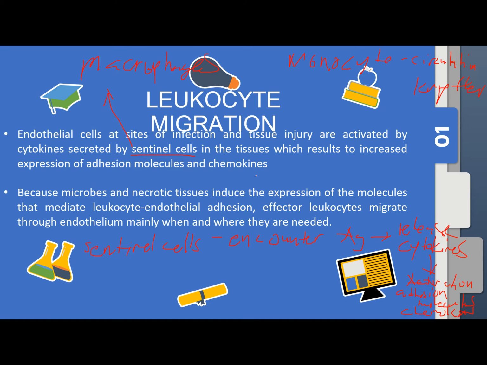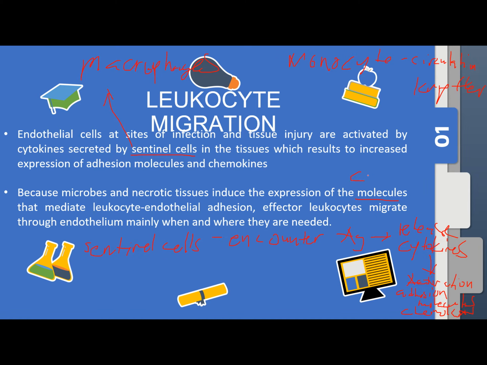Now, because microbes and necrotic tissue would induce the expression of the molecules that mediate the leukocyte endothelial adhesion, effector leukocytes would migrate to the endothelium mainly when and where they are needed. Now, the microbes, class, and necrotic tissue, they are capable of creating molecules.